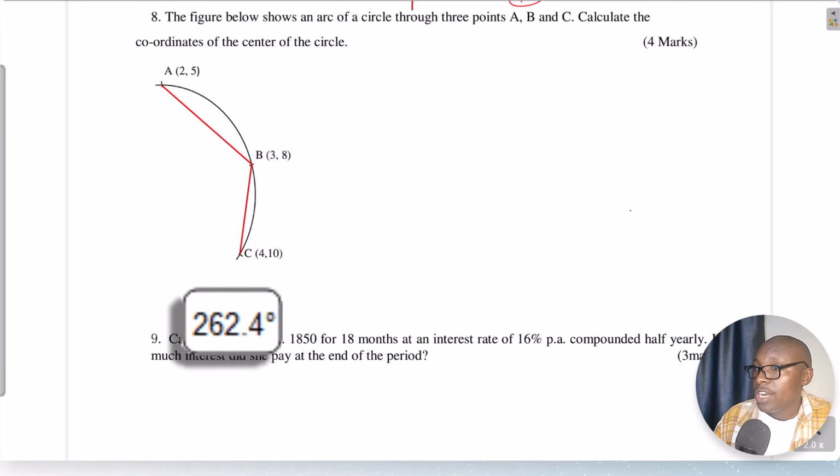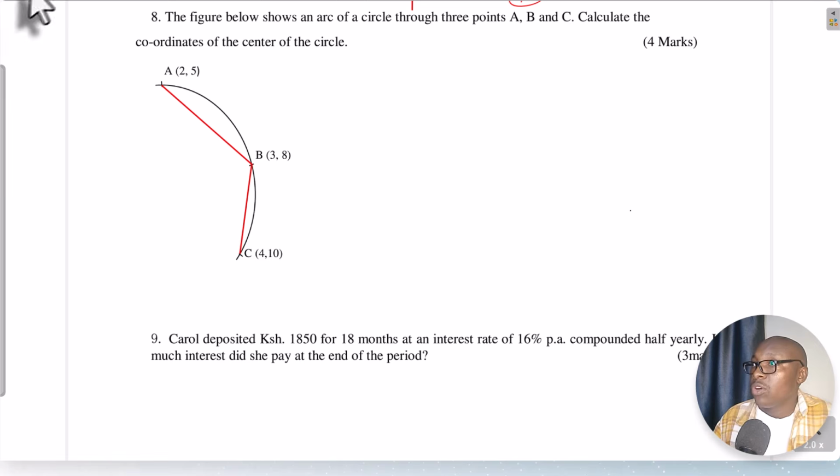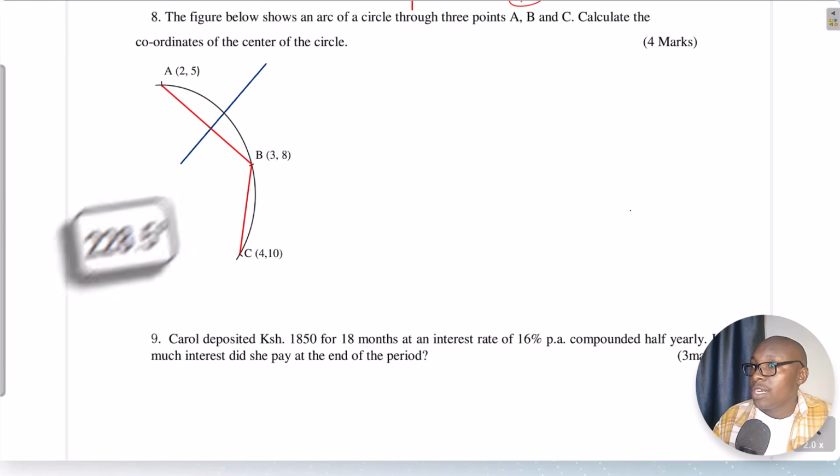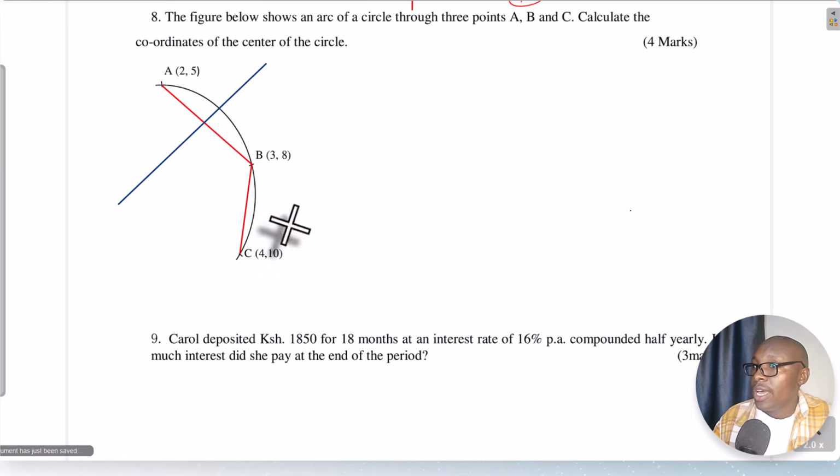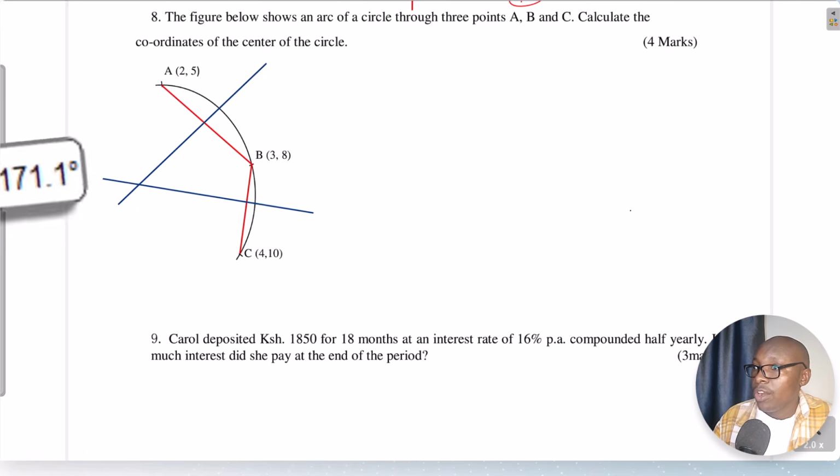When you construct the perpendicular bisectors of those chords, they meet at the center of the circle. So this will be the center of the circle.